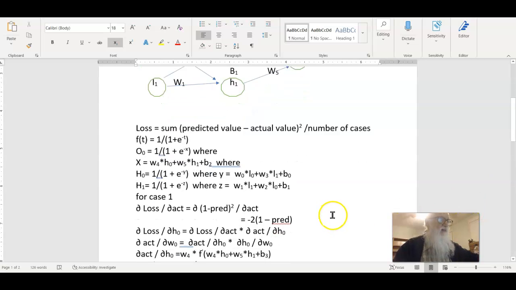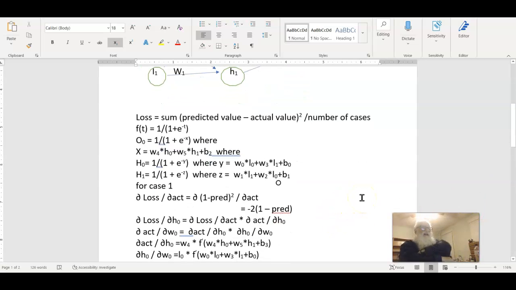Now, what we do is we pick a case. And our goal, the mathematics says that if you want to get closer to the answer, you have to compute the partial derivative and move in that direction that the partial derivative tells you to move in. So we need the partial derivative of the loss function with respect to each of the weights.